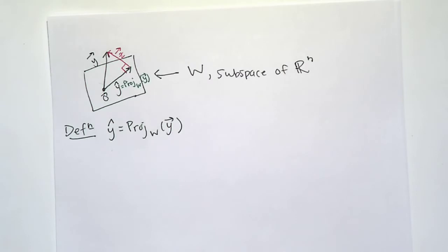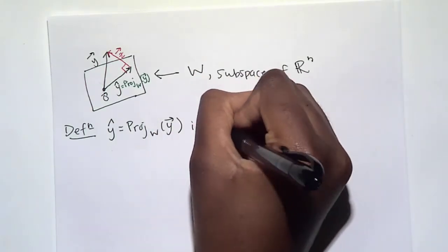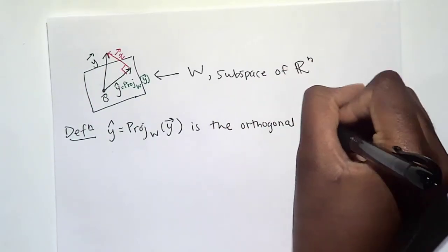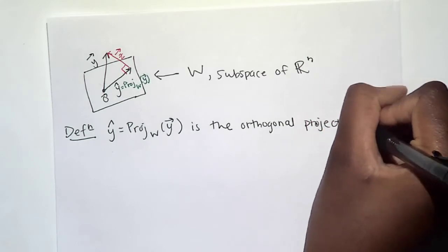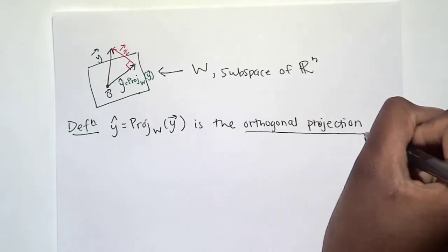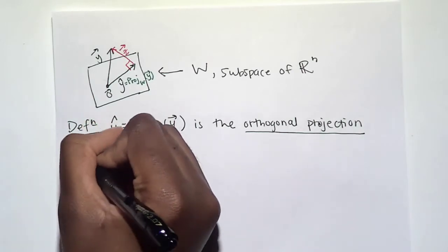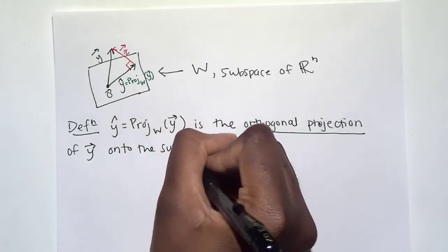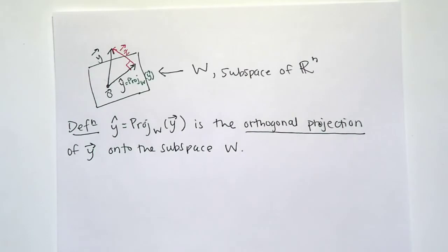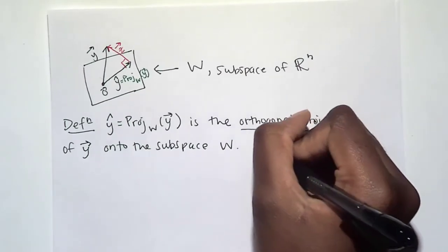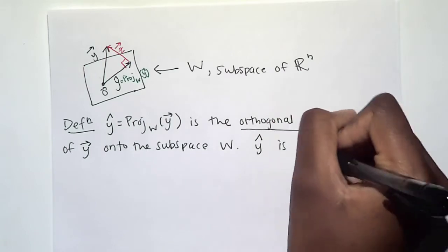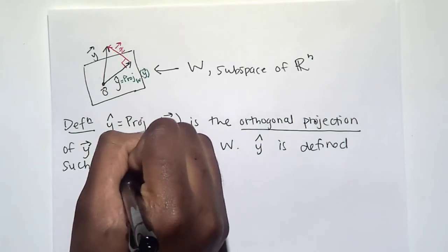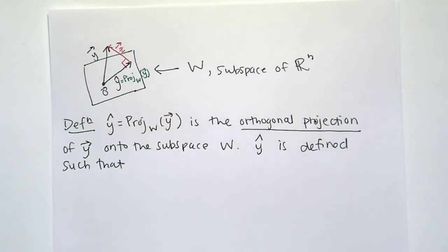So projecting y onto a subspace W, this is the orthogonal projection of y onto the subspace W. And our y hat is defined such that these two things are true.